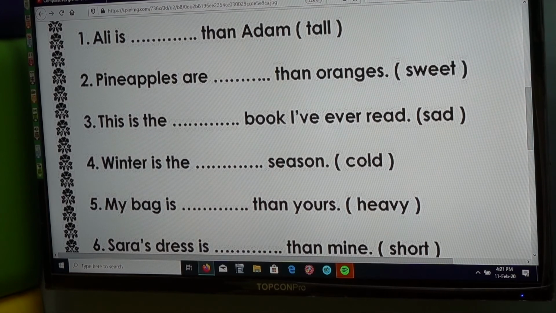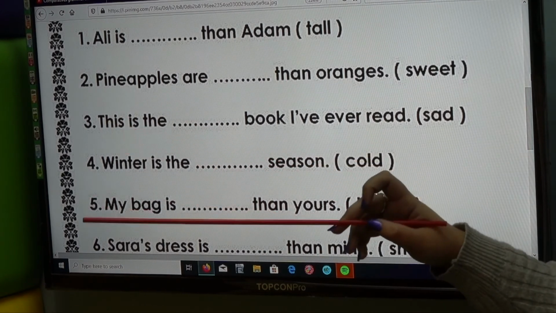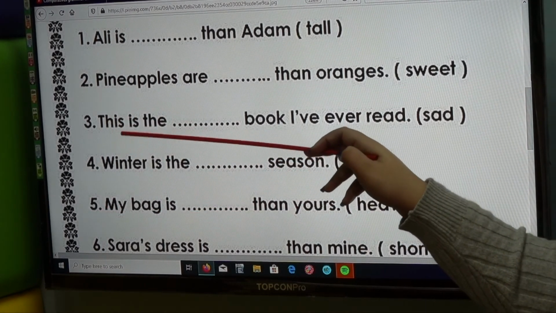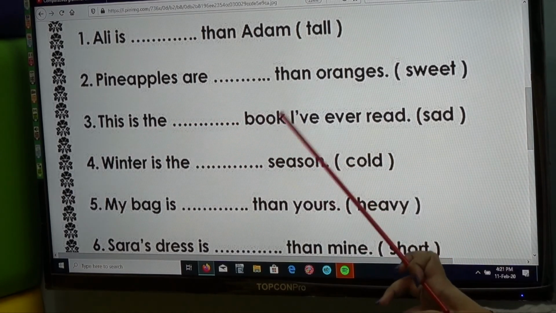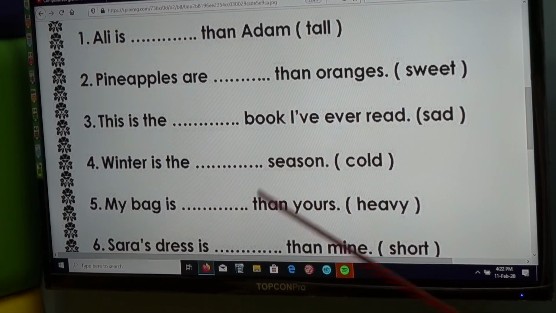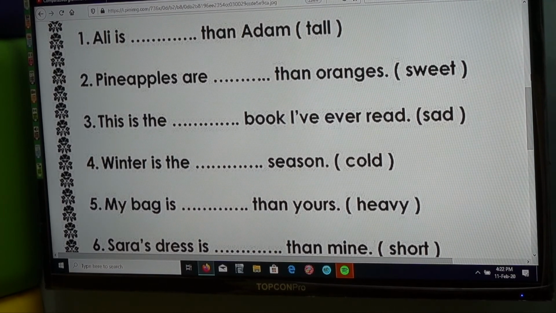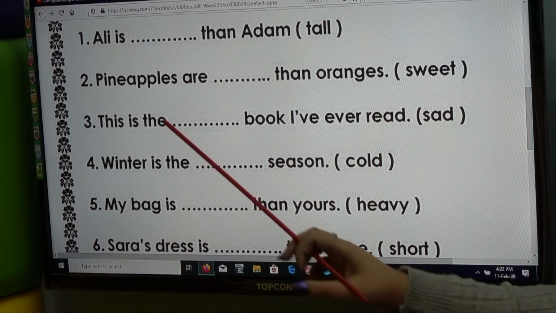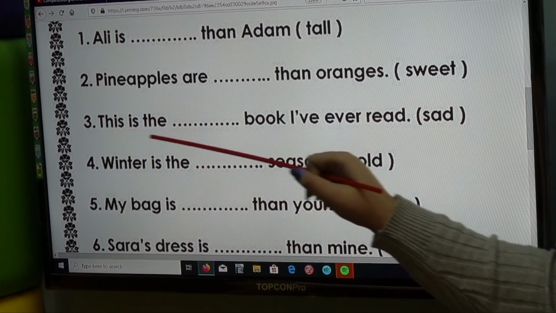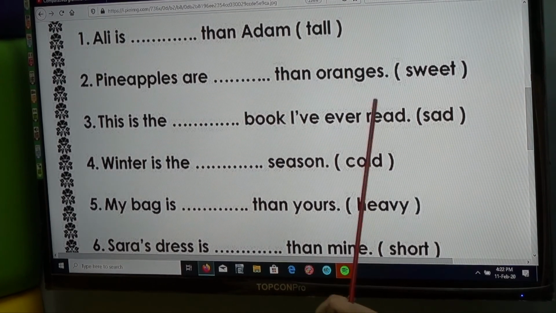Alright, number 3. Let's see if you're right. This is the what book I've ever read. Okay, this is the book. So there's one book here, right? I've ever read.